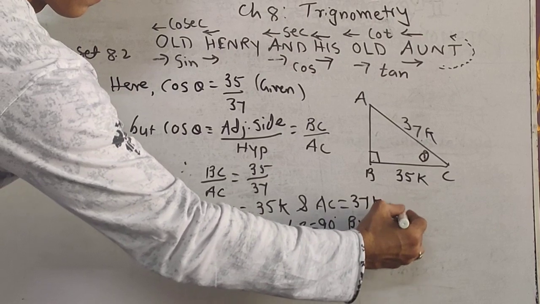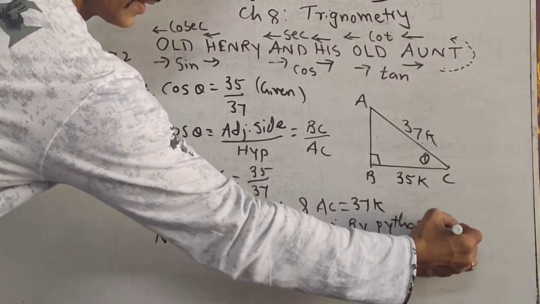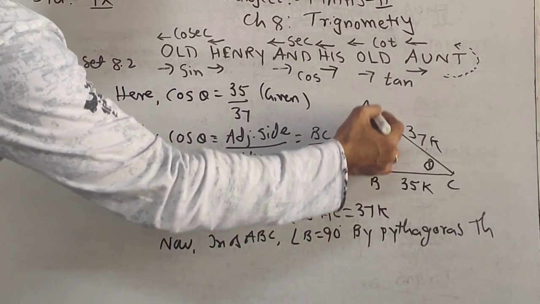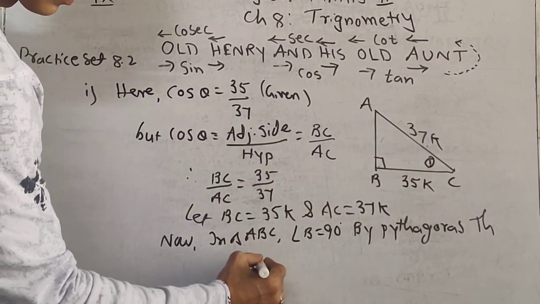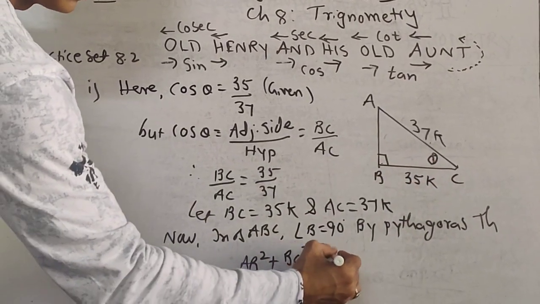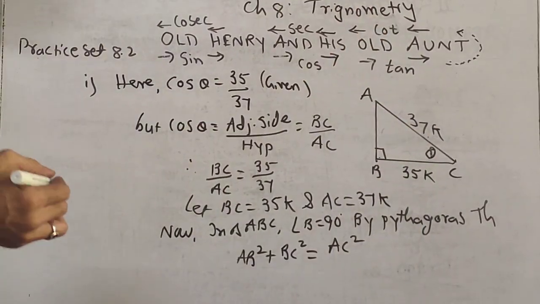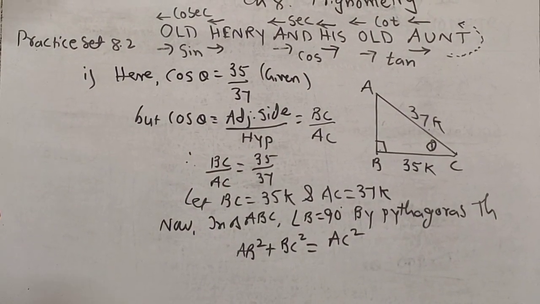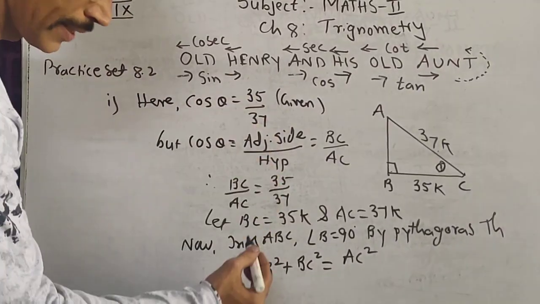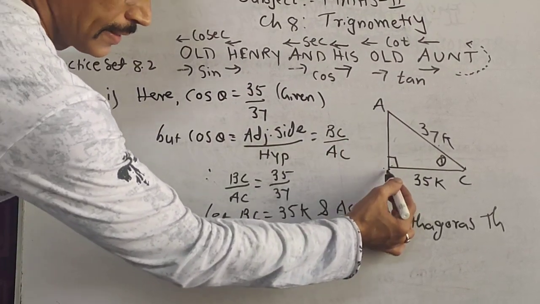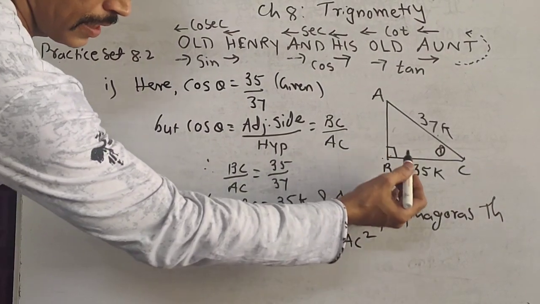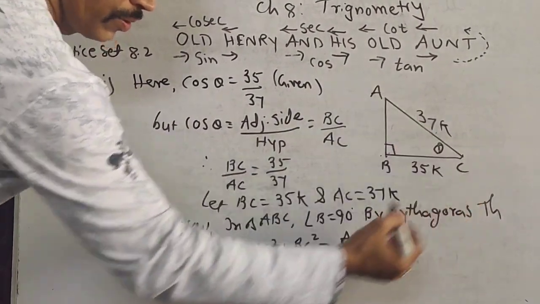By Pythagoras theorem, AB square plus BC square is equal to AC square. One side square plus other side square is equal to hypotenuse square.